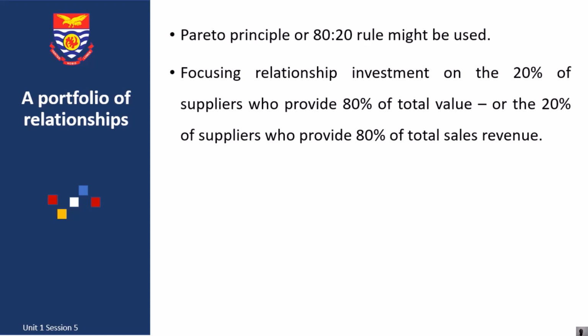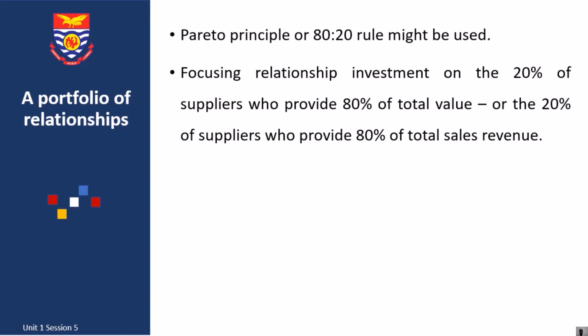So one criterion has been proposed by Vilfredo Pareto, and is known as the 80-20 rule, where you focus your investment on the 20% of suppliers who provide you with 80% of value, or the 20% of suppliers who provide 80% of total sales revenue.